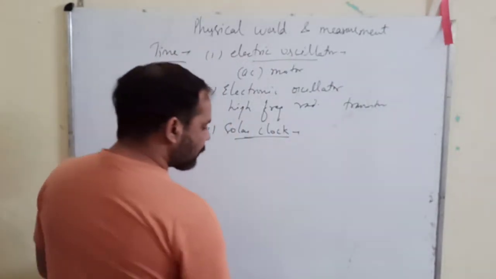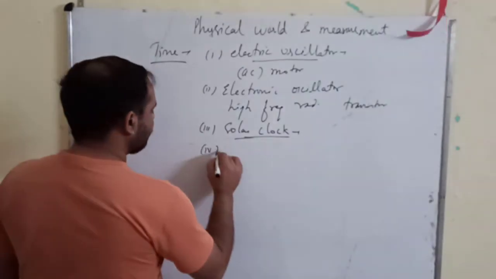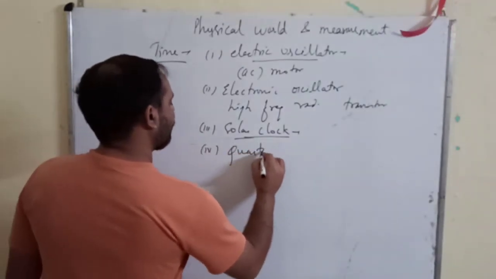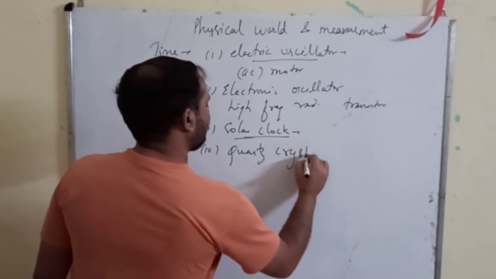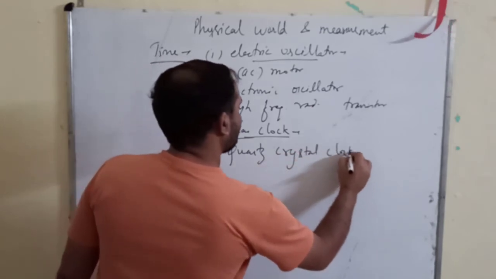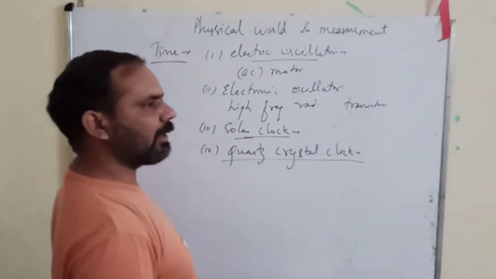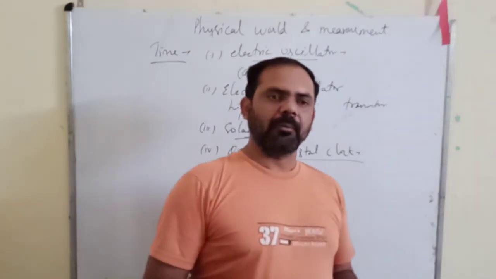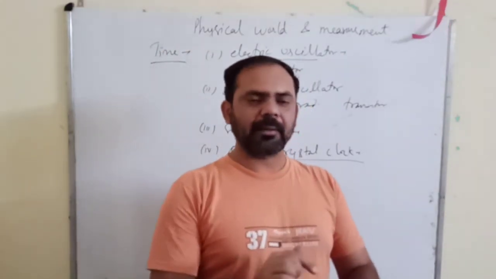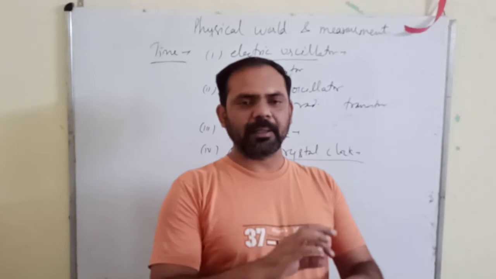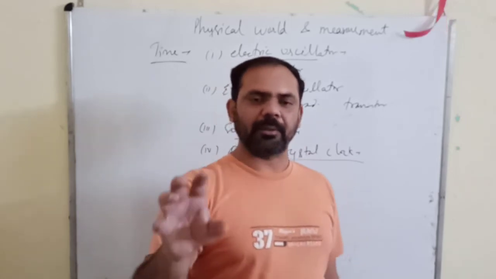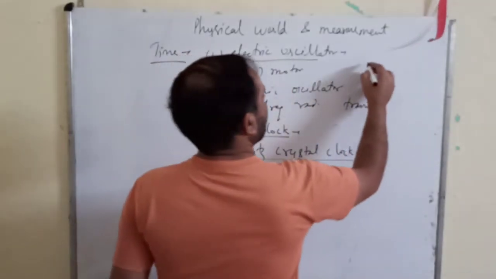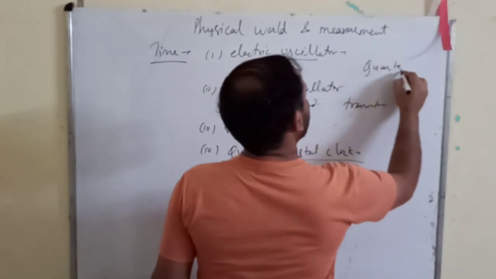Then the fourth one is the quartz crystal clock. You must have seen in your wrist watches that generally a word is written on them. You can find that the word quartz, Q-U-A-R-T-Z, is written on it.